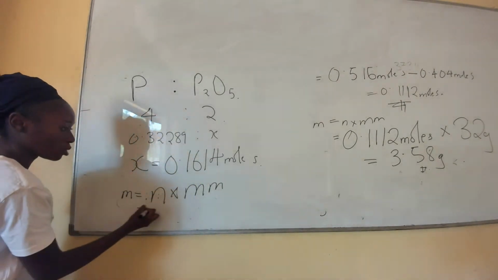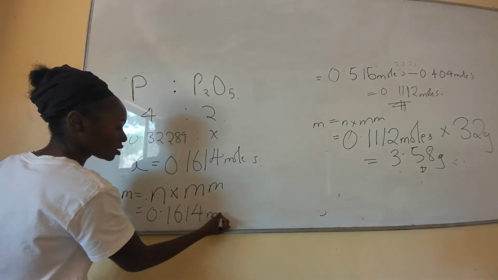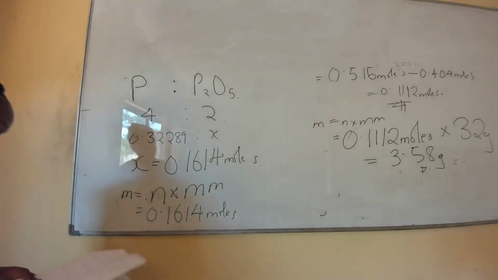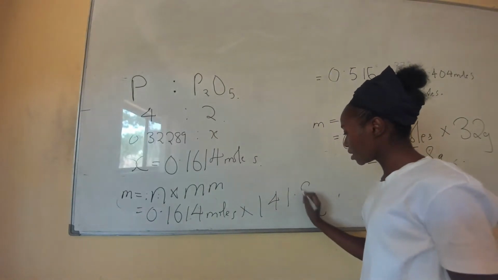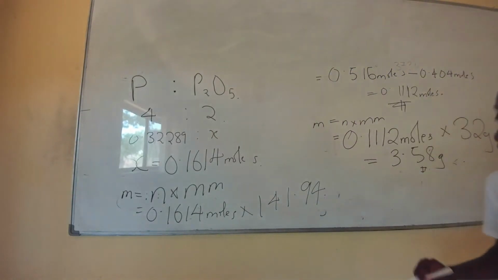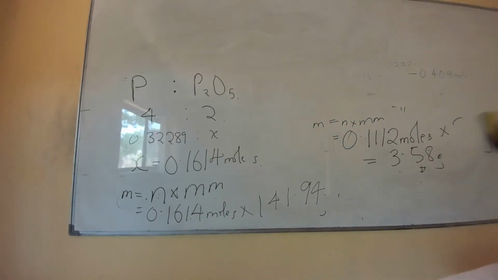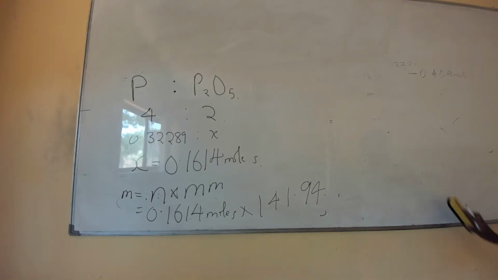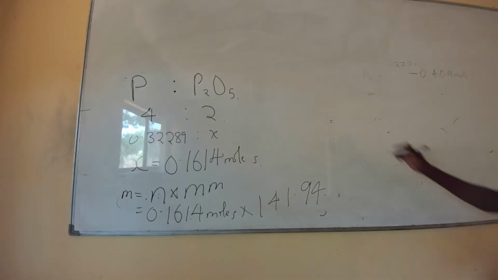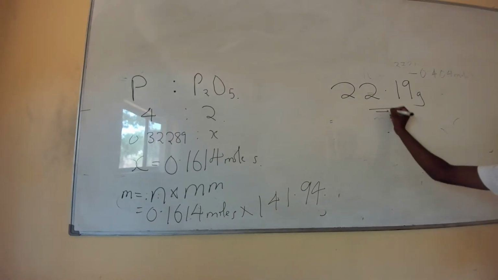So the number of moles, we just replace it to be 0.1614 moles multiplied by the molar mass, which is 141.94. Then after multiplying, our final answer must be 22.19 grams.